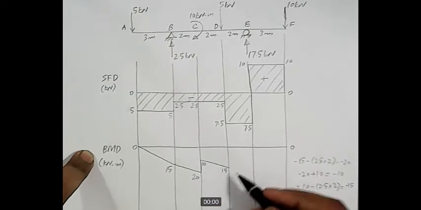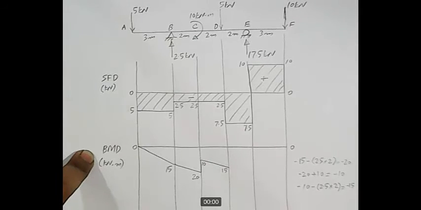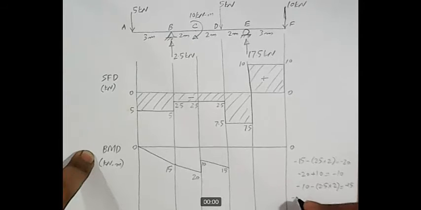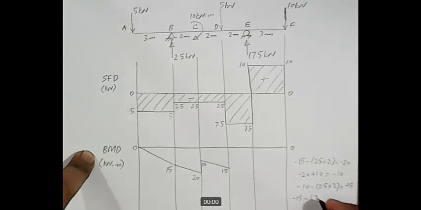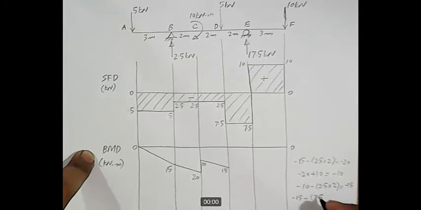And then at point D, is there any point moment acting? No, there is no point moment acting. So it will have only a single value. And then moving from D to E, how much is this area? If I write it down here, the current value is minus 15. Okay, and this area is negative 7.5 into 2.